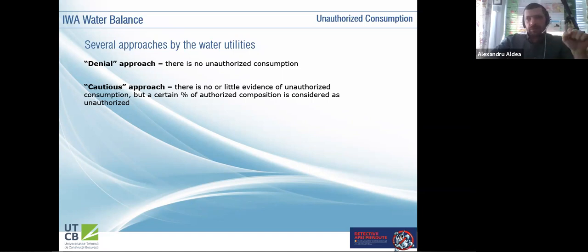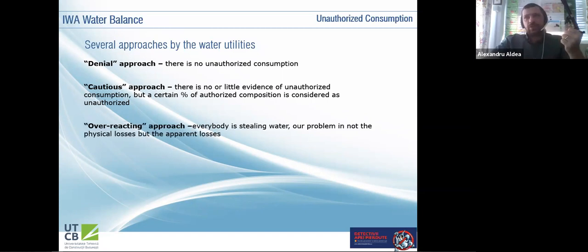And then I found another approach. At first, it seems that it could be either the denial or the cautious approach. I call this the overreacting approach. They don't report unauthorized consumption at all, or only a very small percentage, but the water company, or the people, are convinced that the main problem with their network is that people are stealing water.